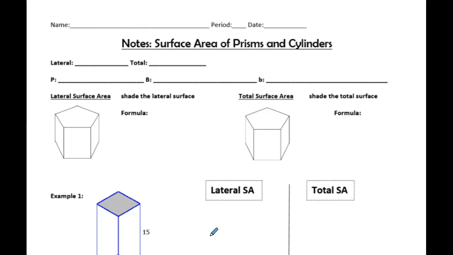So lateral, let's start with the vocab word. What does lateral mean? Not up and down. Okay. So, y'all know where your lats are, your muscles? You do this. All right. Or lateral walking? Or what else?